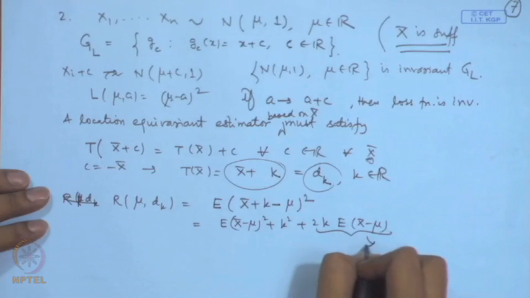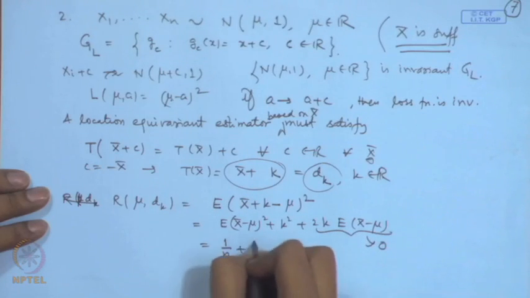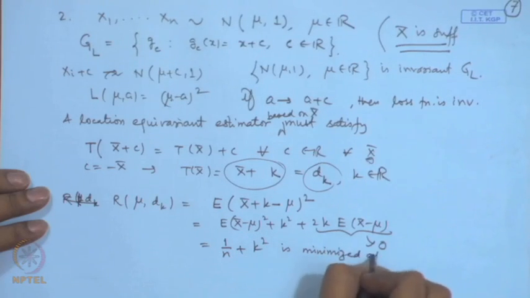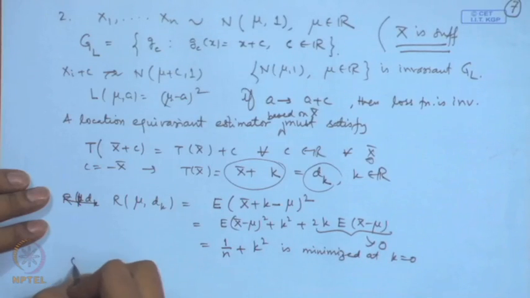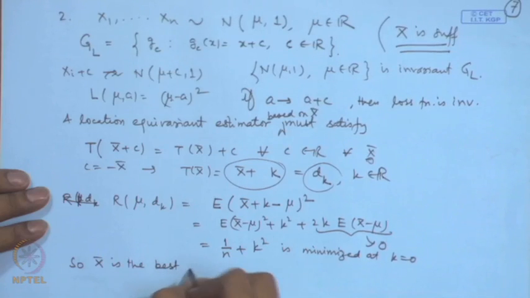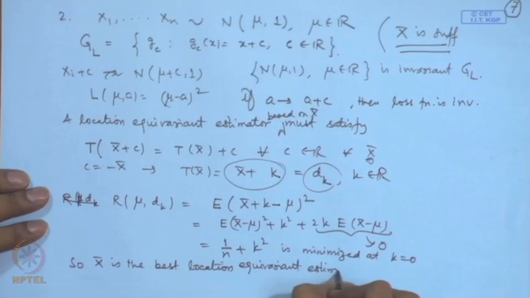This is 0. So, you are left with 1/n plus k². This is minimized at k equal to 0. So, X̄ is the best location equivariant estimator of μ.